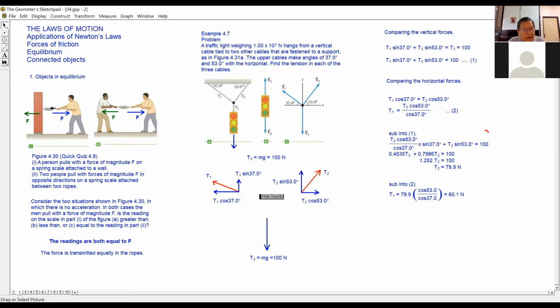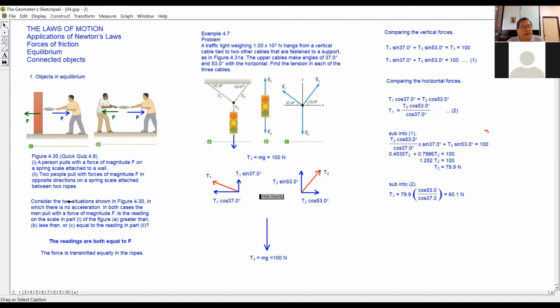There are only two forces there: the F, the green color arrow, and the F, the blue color arrow, exerted by the man. And this size is recorded in the spring balance.